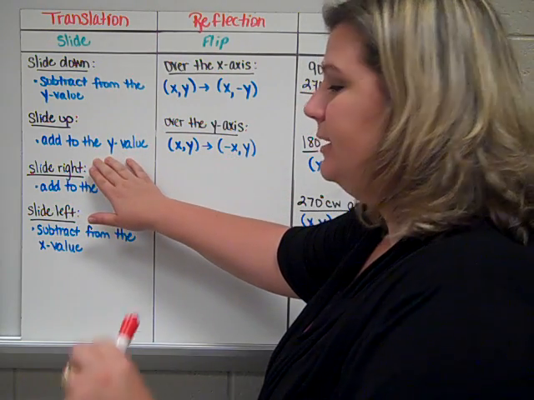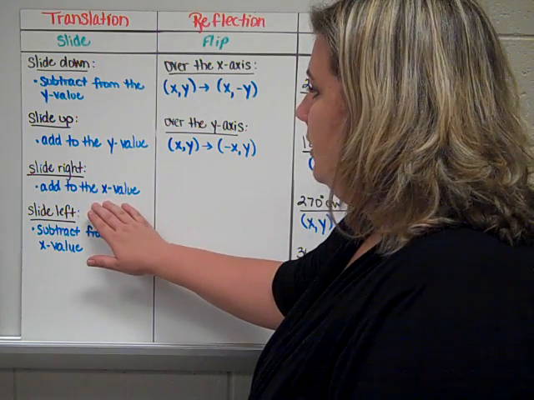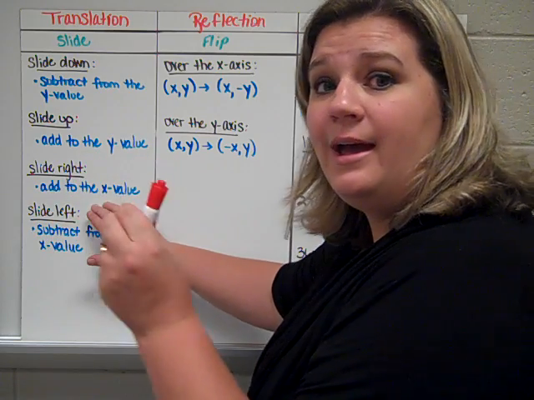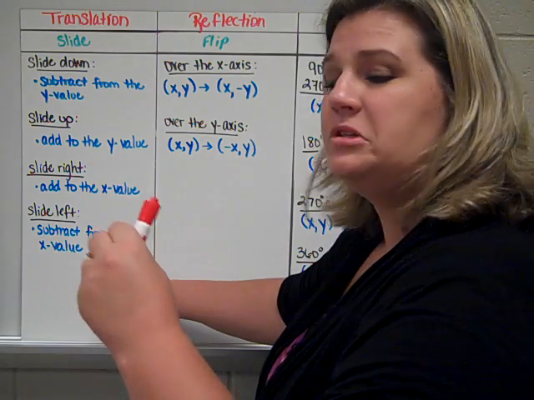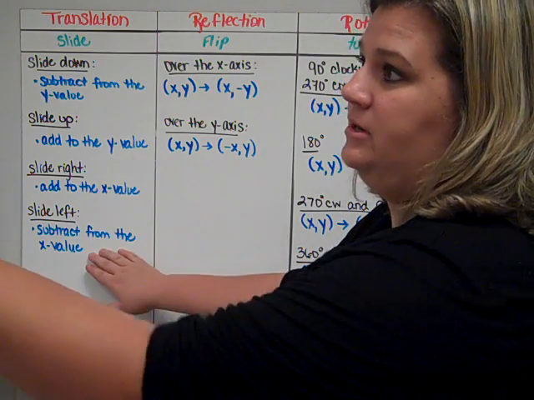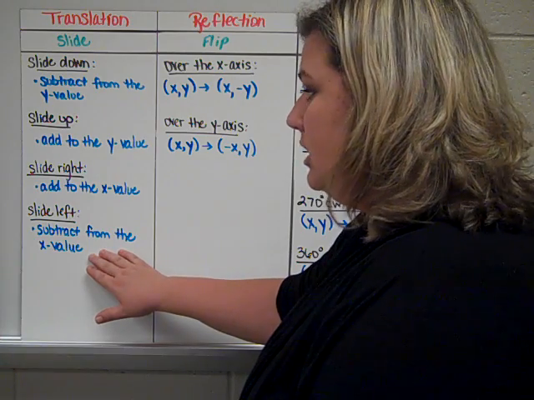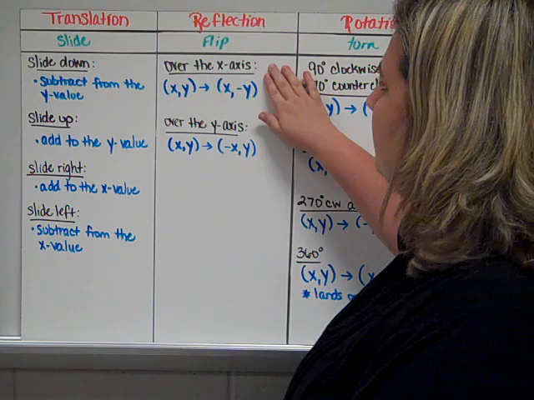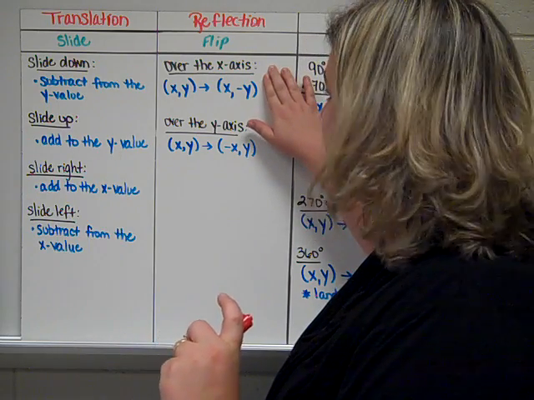If we slide up, we add to the y value. If we're sliding right, we are adding to the x value. And sliding left, we're subtracting. Just think about the number line or the axes on the coordinate plane to determine whether you're adding or subtracting.